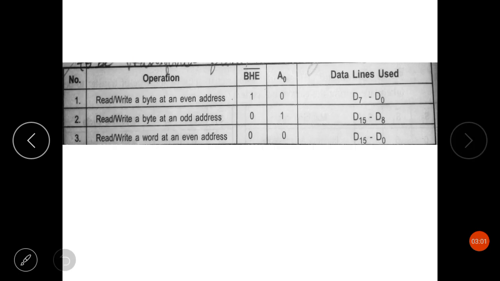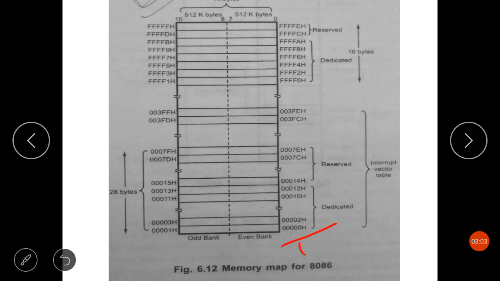As you can see from this diagram also, if A0 is 0, the address can be 00000, and the last nibble will be 0, 2, 4, just even. So the whole address will be even whenever A0 is 0.